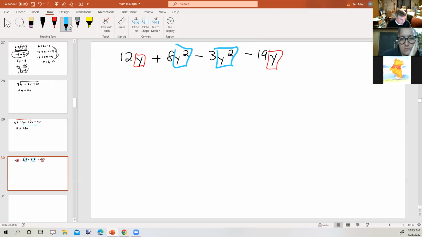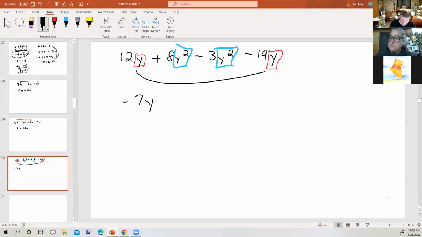Therefore, something with a y in it and something with a y squared in it, they are not like terms. So we could put the y's together, 12y minus 19y would be negative 7y. And the y squareds together, plus 8y squared minus 3y squared would be plus 5y squared.